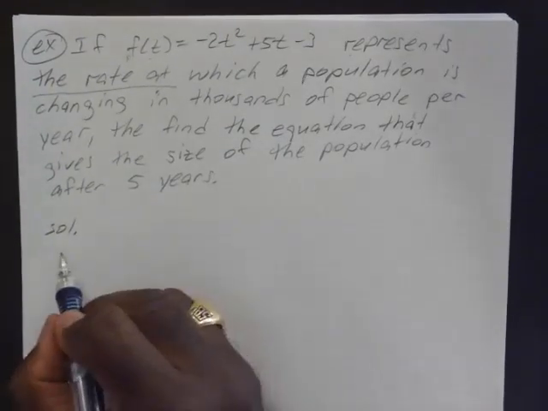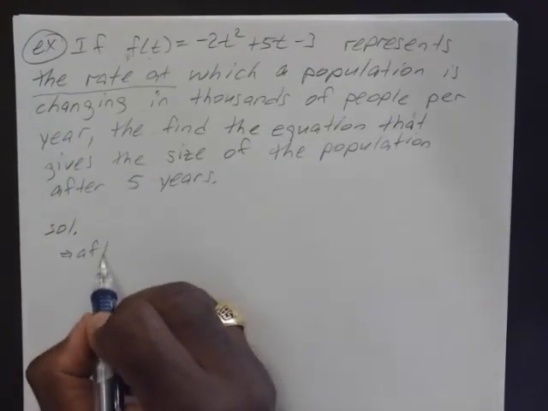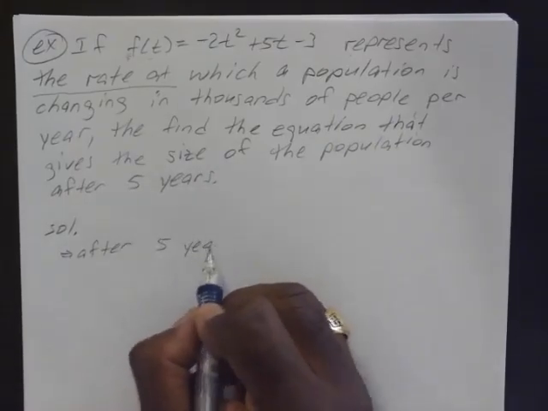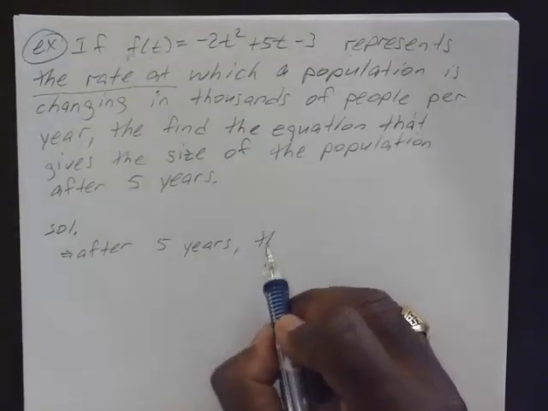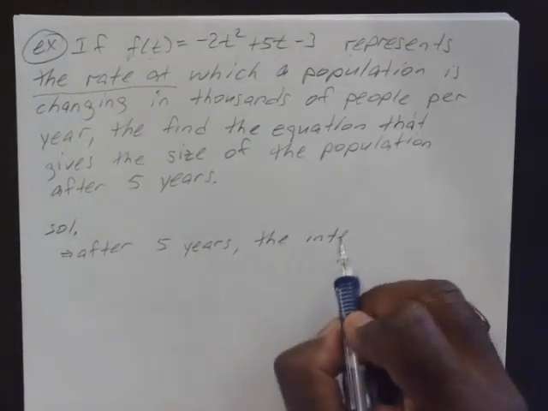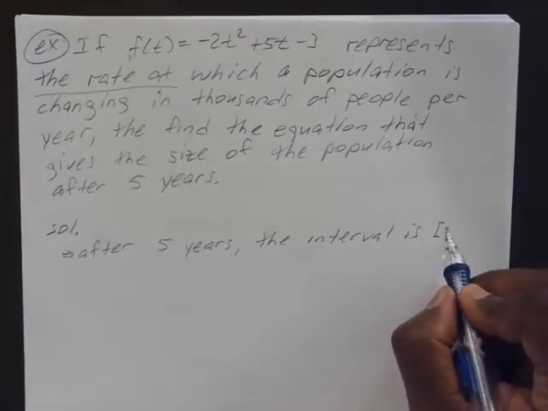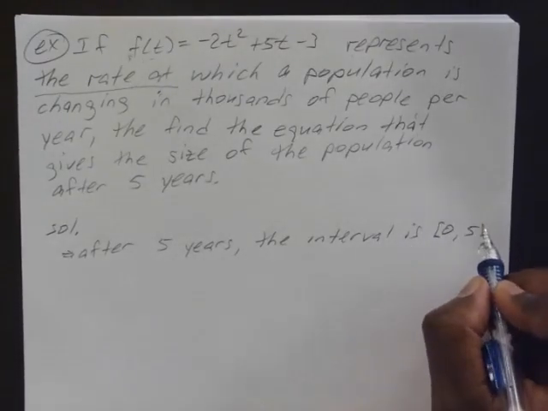Okay, so we know that after 5 years, the interval is from t equals 0 to t equals 5.